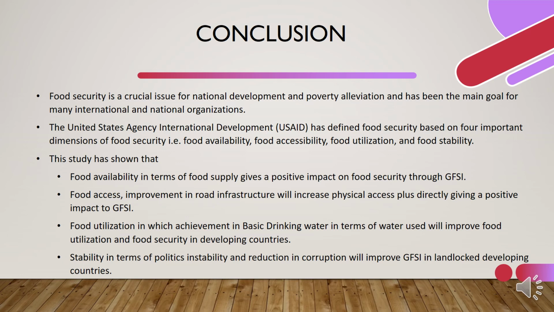From the previous result, we can conclude that food availability, in terms of food supply, gives a positive impact on food security through GFSI. However, for food access, only physical access, in terms of improvement in road infrastructure, will increase physical access and give a positive impact to the GFSI.